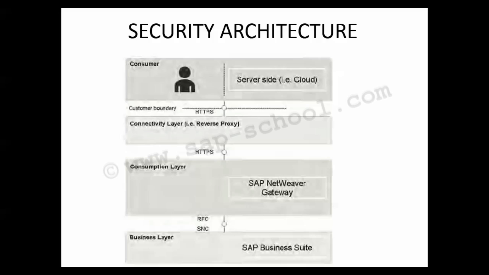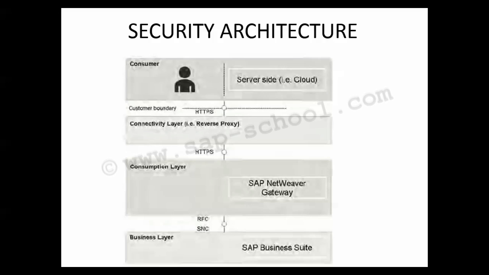In this architecture we can see the overall security architecture. First of all we have the consumer, on the server side, that is the cloud. After that they access the reverse proxy, which is my connectivity layer, using HTTPS.